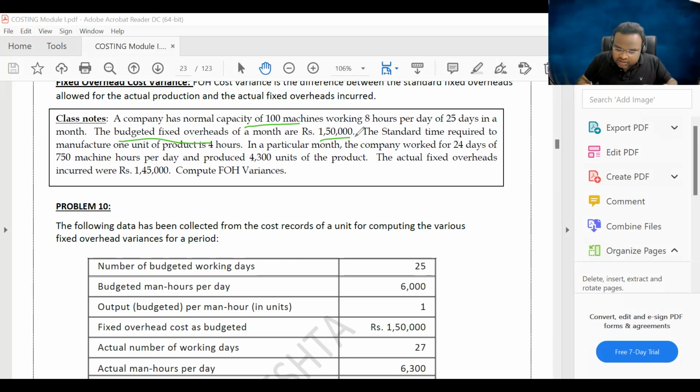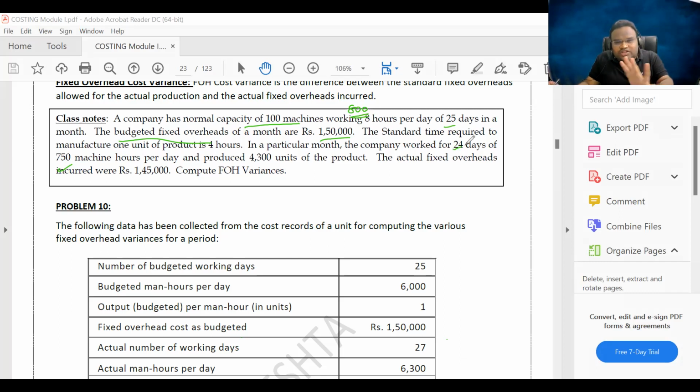Originally planned, I am having 100 machines and each machine works for 8 hours. That means in a day, I should have 800 machine hours. My budget is 800 machine hours, whereas actually I worked only 750 machine hours. Instead of working 25 days, I worked only 24 days.